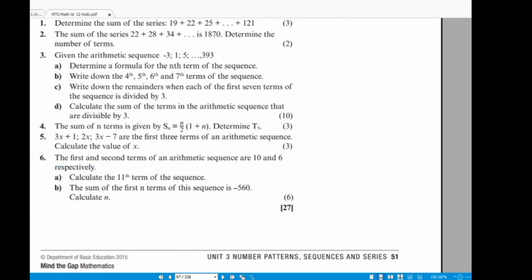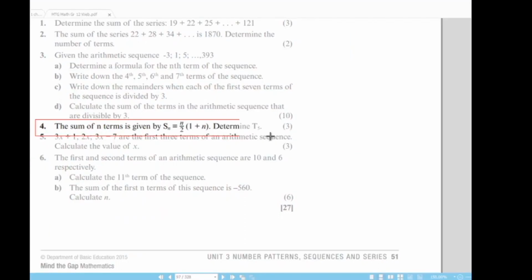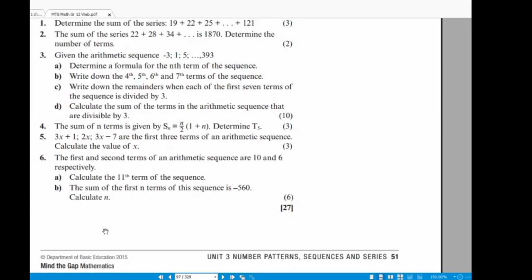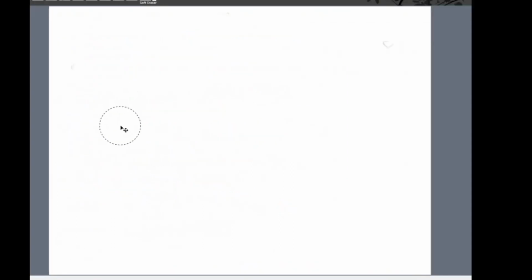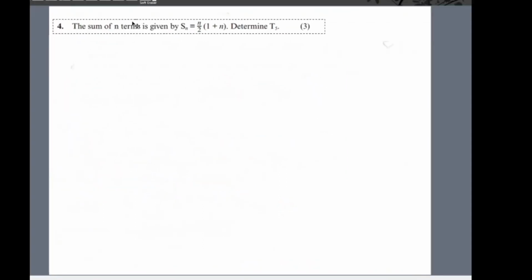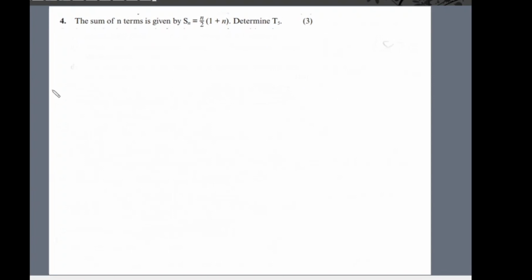Let me just copy question 4. Right, so we have question 4. The sum of n terms is given by this formula for Sn, and it asks us to determine T5.